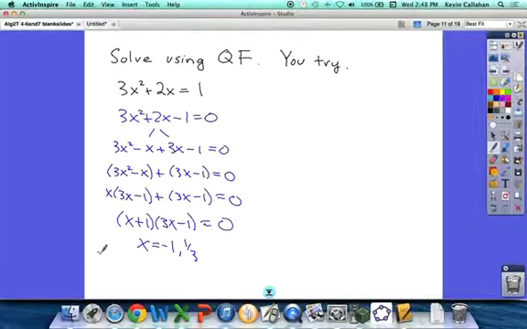Anybody able to get those numbers? Negative 1 and 1/3? You get it, Matt? All right. I can't help you if you don't start. Plug in, plug in. Okay, again, you're supposed to do it by quadratic formula.